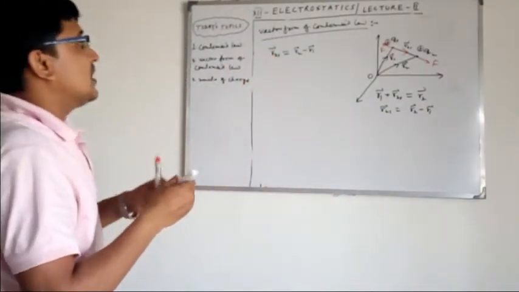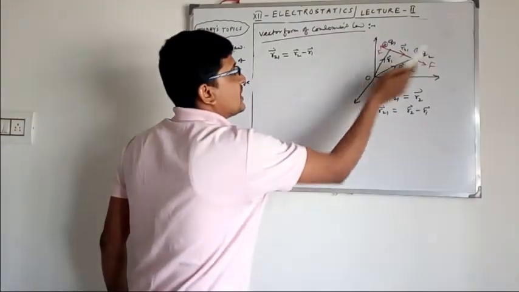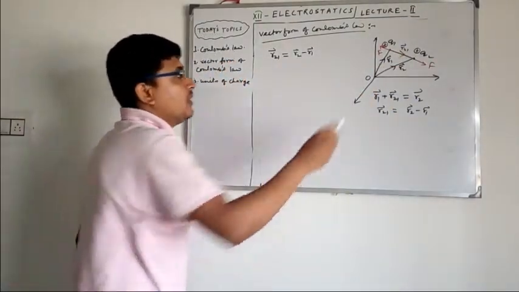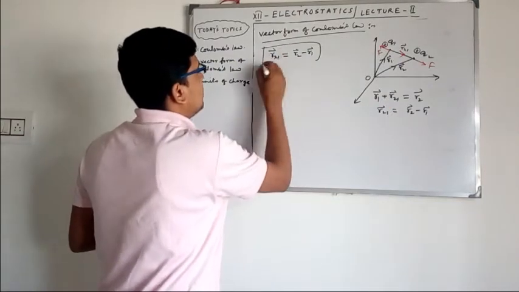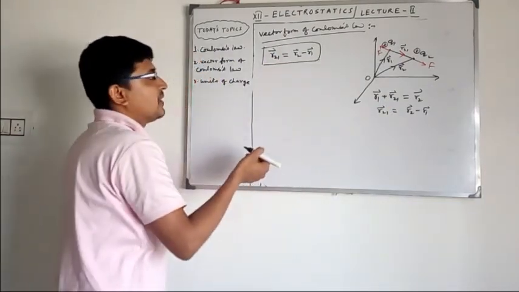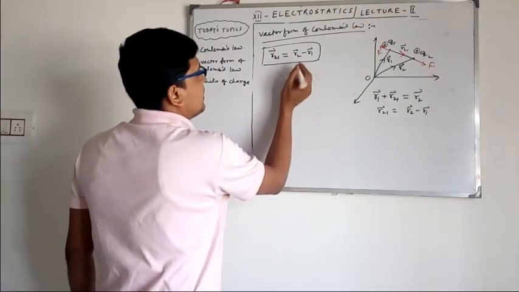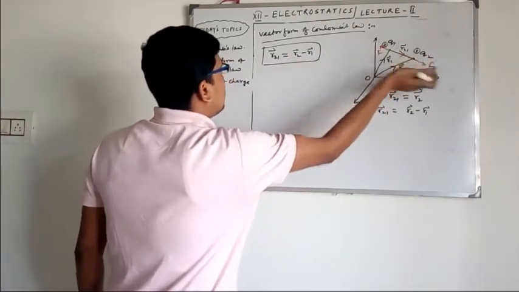That means the position of Q2 with respect to Q1, and we are going to calculate. So this is the distance between them. Position of Q2 with respect to Q1.